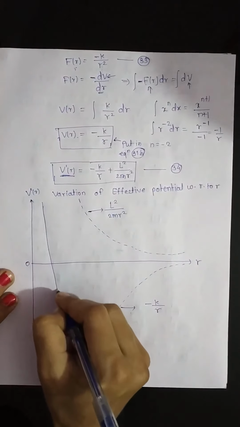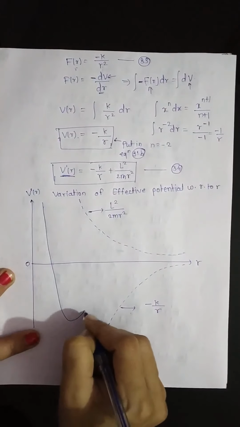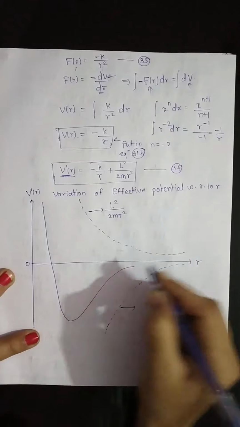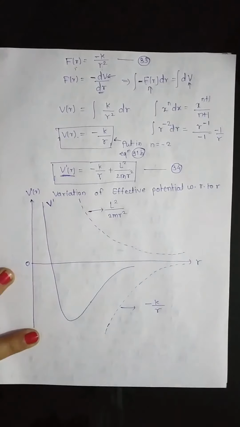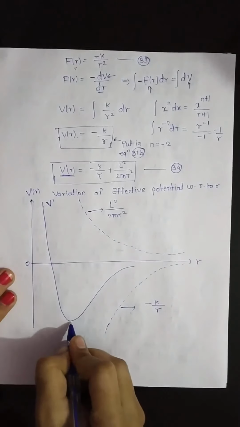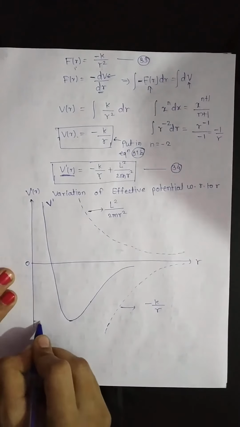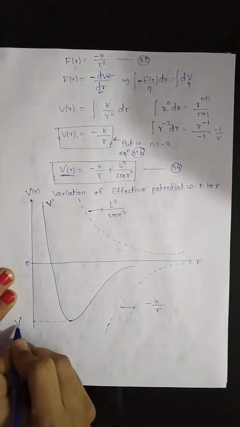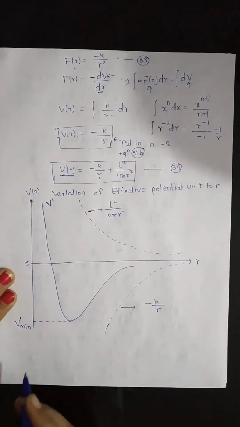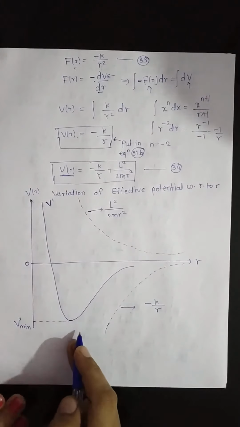Let me draw it over here. This is the nature of the addition of these two terms, which is our V'(r), that is the effective potential, and this point will represent the minimum potential energy, that is V' minimum.